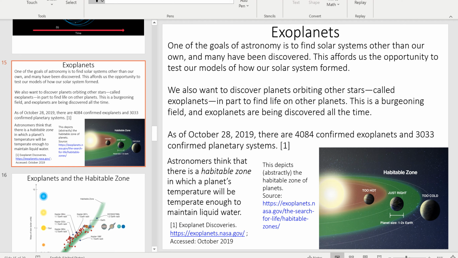And therefore, we can find planets that orbit those stars. And as I said, these are known as exoplanets. And this is a very recent field because finding planets is very, very hard. Finding stars is hard enough, but stars emit far more light than planets do.